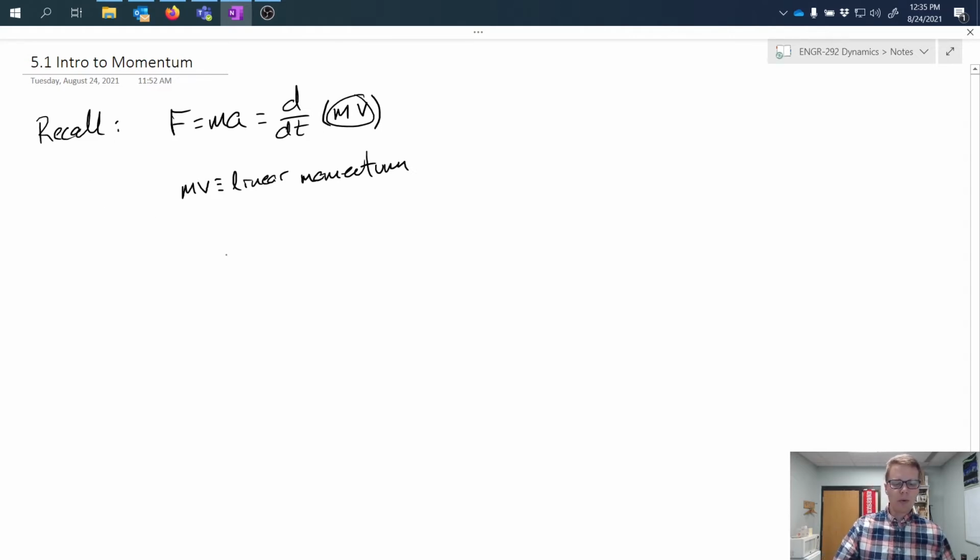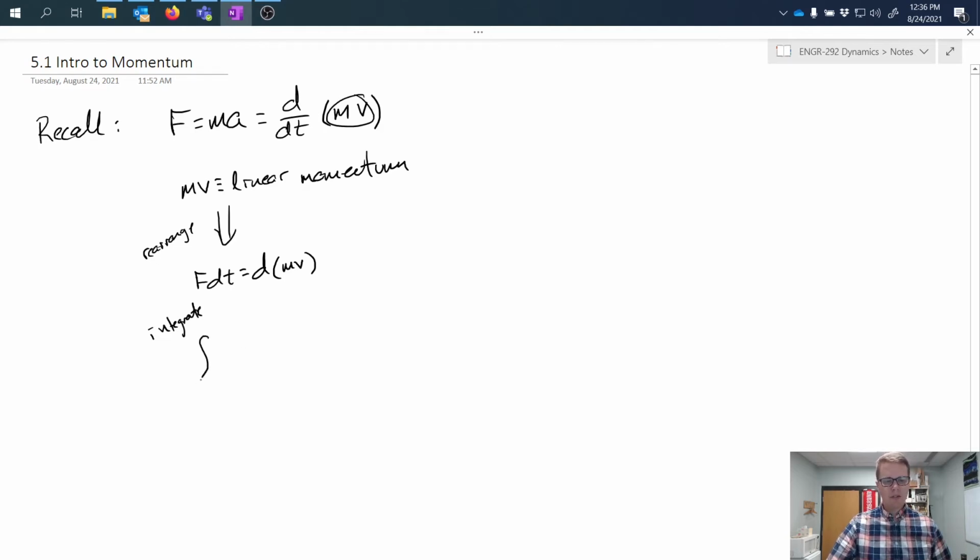So we can rearrange that equation and write it as F dt equals the differential of momentum. Now our next step is to integrate, with respect to time and with respect to velocity.